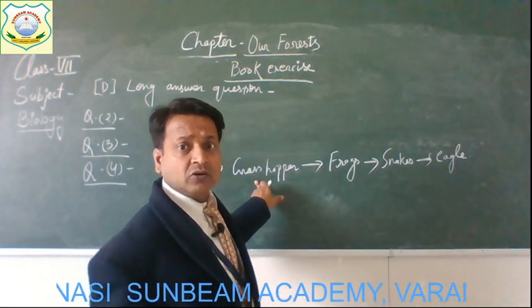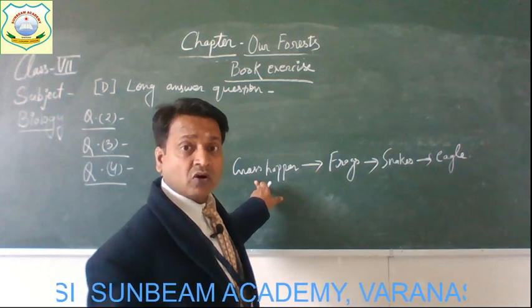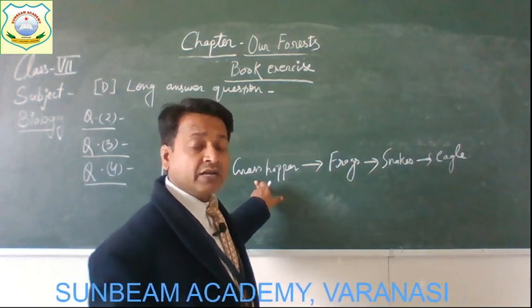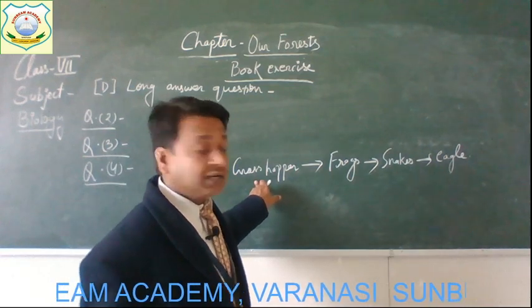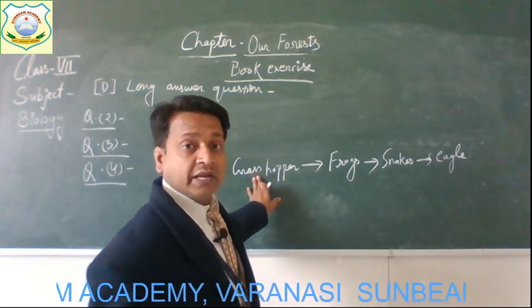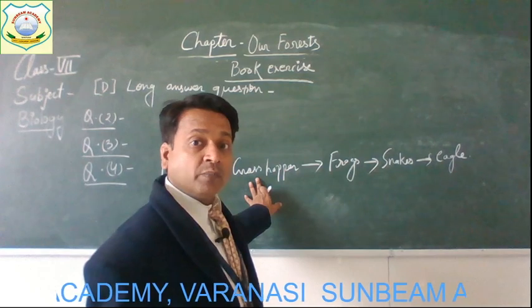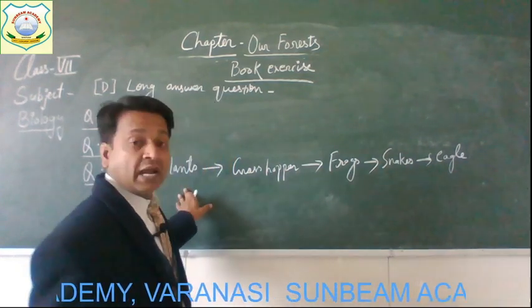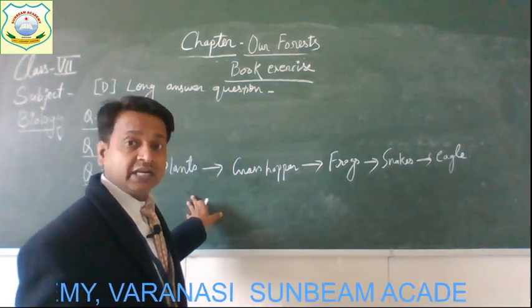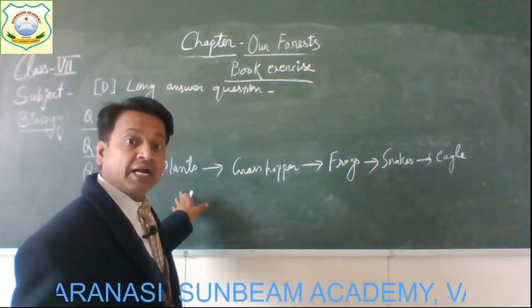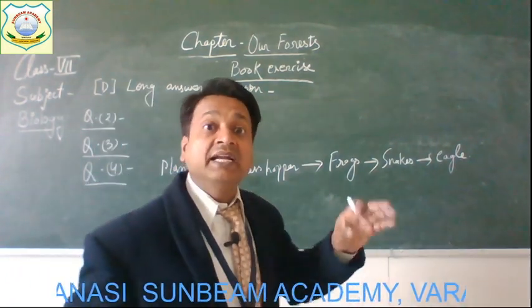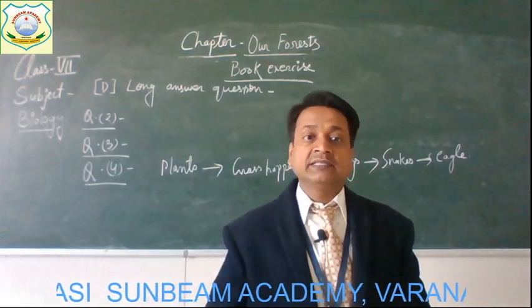Get it? Because the frogs are fewer, no one is there to eat the grasshoppers, and as a result the population of grasshoppers will increase, and now grasshoppers will eat more plants. Get it? And because of it, the decrease in the population of plants will disturb the entire ecological balance.